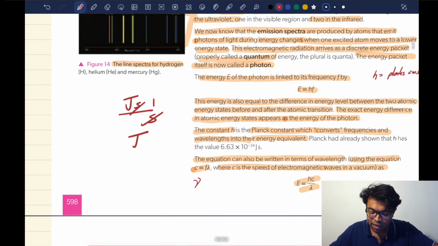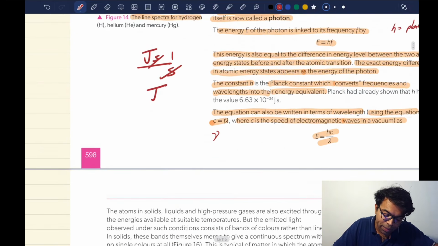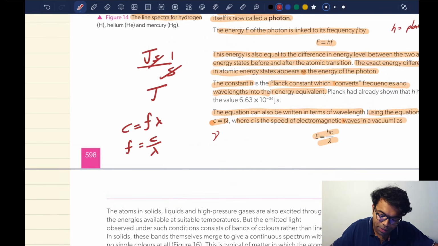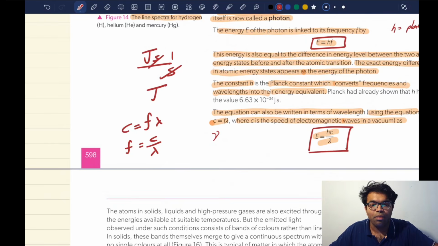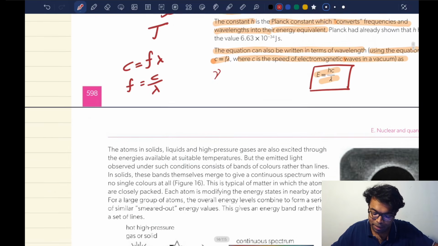Similarly, we know the relation between speed of light, frequency and wavelength: c is equal to f lambda. Therefore f is equal to c upon lambda, which gives you another formula for the same calculation. So E is equal to h f, or h nu, or hc by lambda.